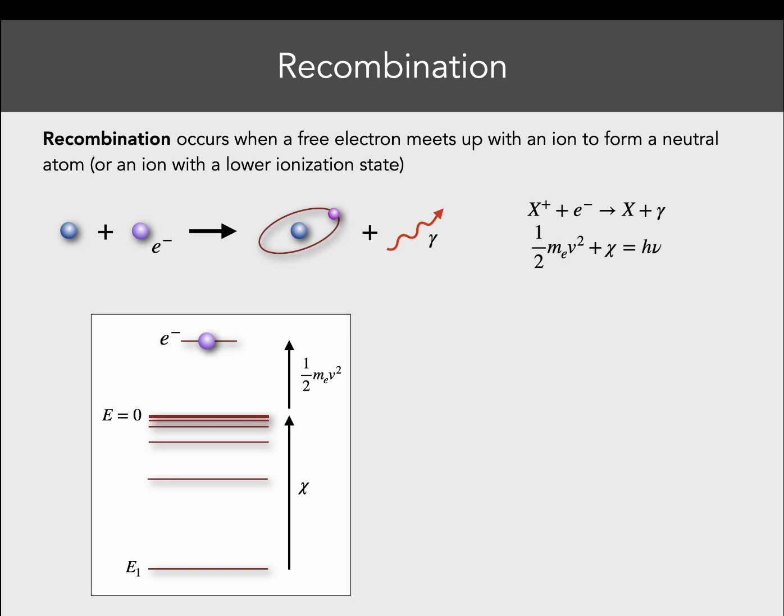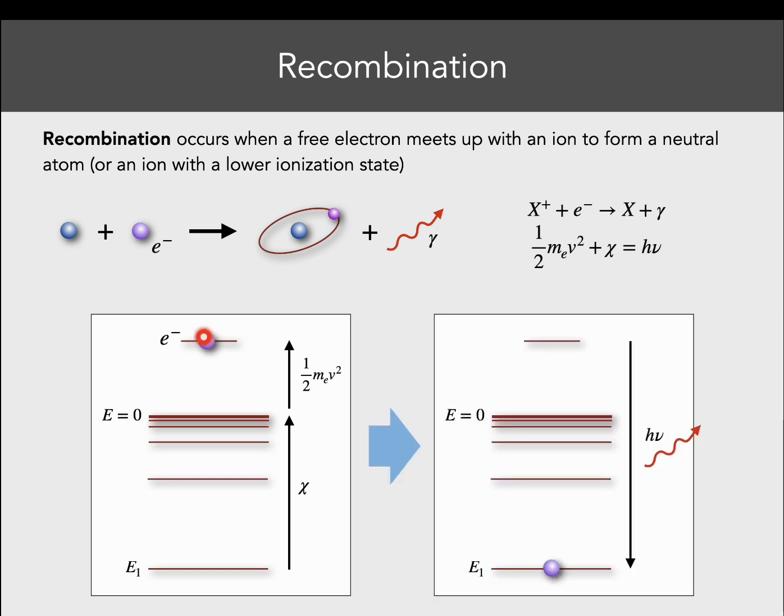So what happens is that when we have a passing electron, it's got a kinetic energy given by this arrow right here. When it recombines with this ion, it will jump down to the ground state. That energy difference is going to be carried off or emitted by the photon.